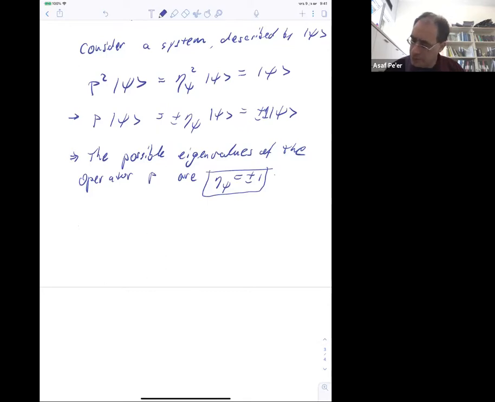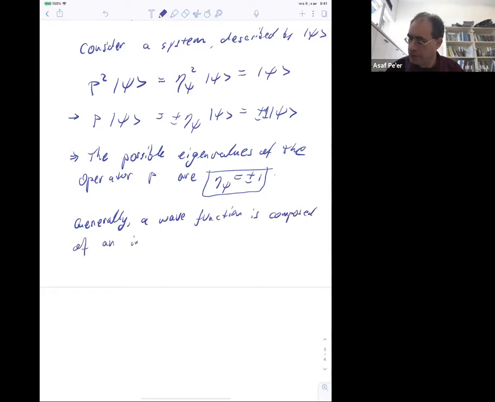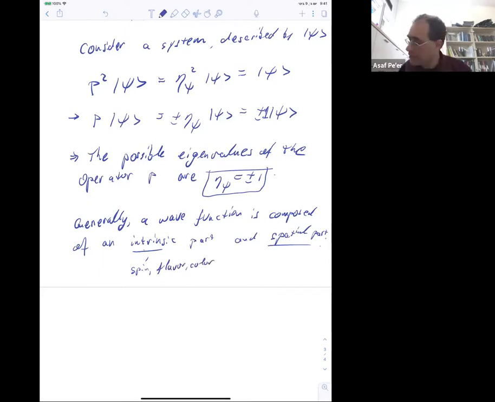Generally, the wave function is composed of an intrinsic part and a spatial part. The intrinsic part is the spin, flavor, color, and the spatial part is the radial and angular.